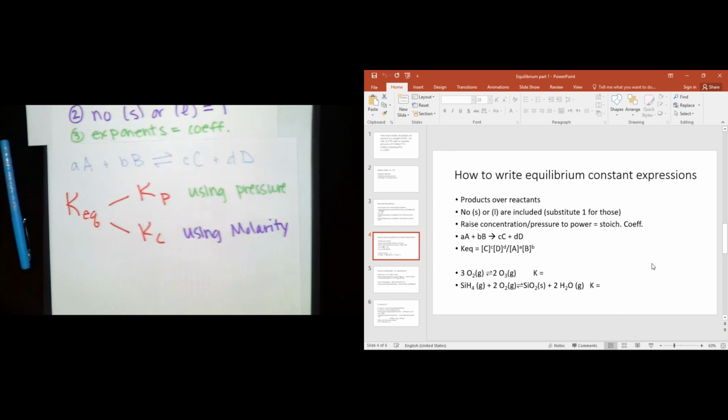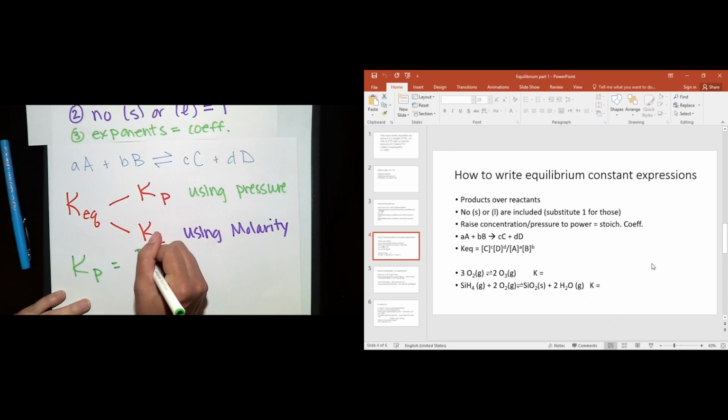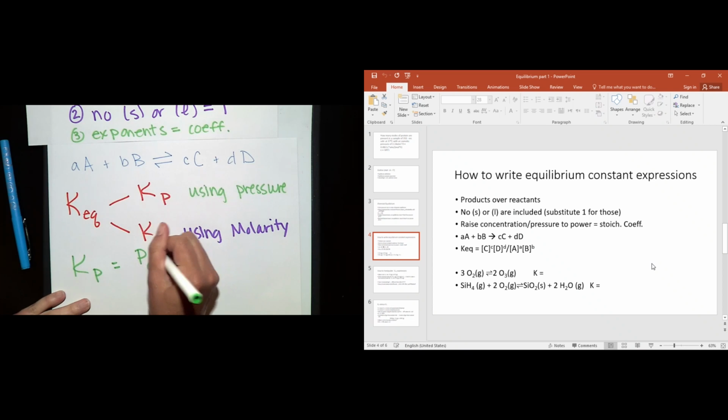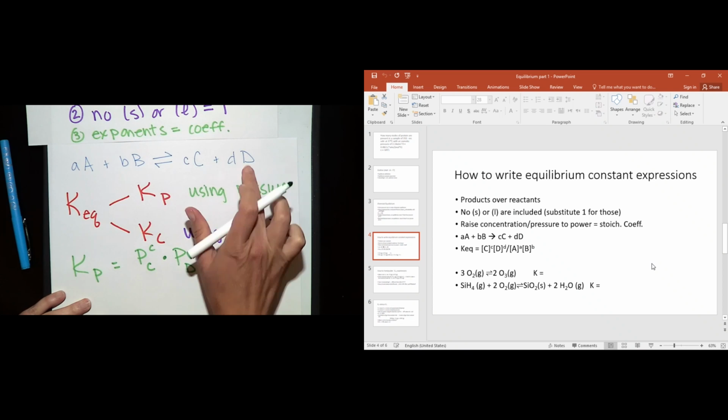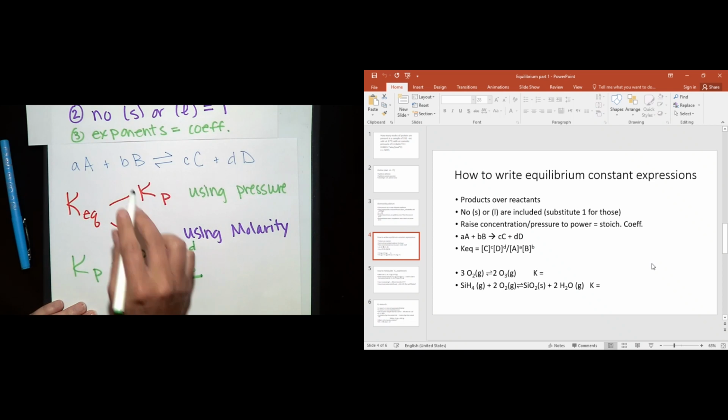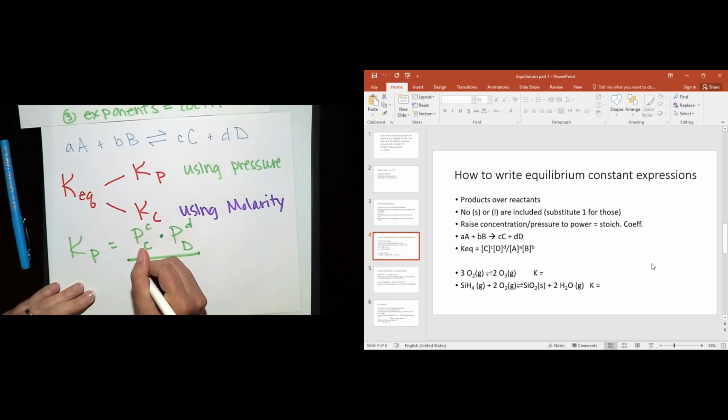So I'm going to do pressure. So K in terms of pressure is going to be the partial pressure of this product, C, to the little c power, times, these are multiplied together, the partial pressure of the other product raised to that exponent, products on the top, reactants on the bottom, and they are multiplied. This has to do with collision theory and how many can bump into each other.